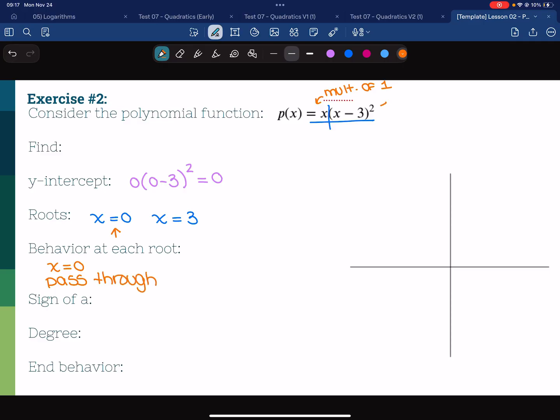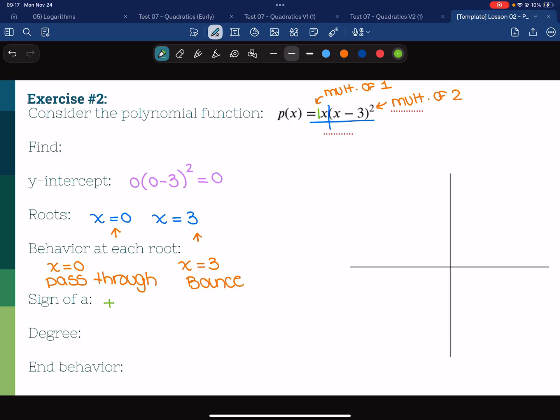But for this 2 with that degree here, that's a multiplicity of 2, and that creates that bounce effect. So at x equals 3, we're going to see that bounce off of the x-axis, that ricochet.